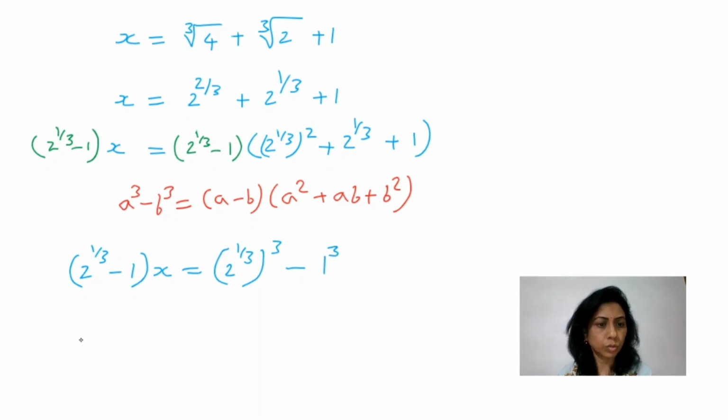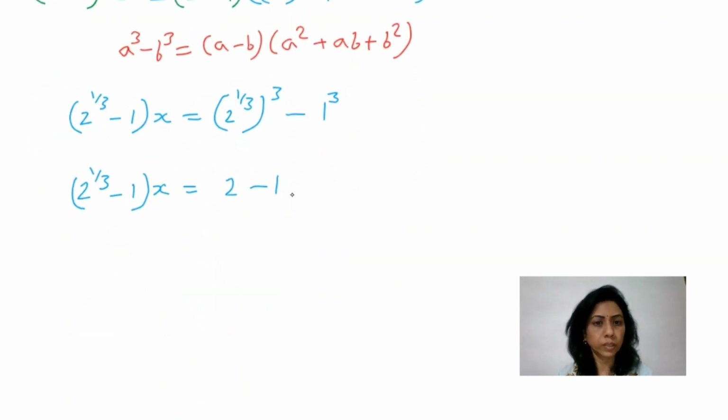So 2 to the power 1 upon 3 minus 1 times x, and when powers multiply we get 1, it means 2, and 1 cube is 1, so 2 minus 1 is 1. We can write it like this: 2 to the power 1 upon 3 minus 1 times x.